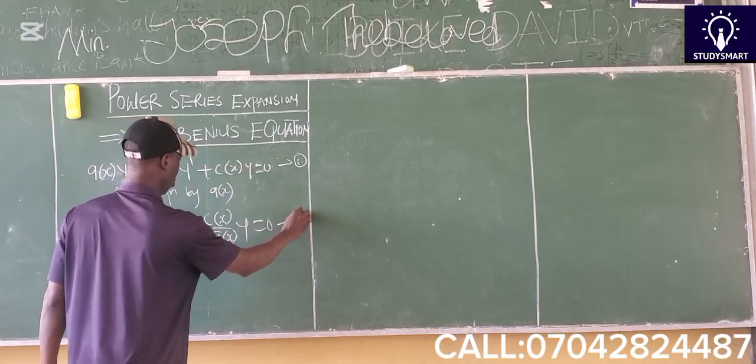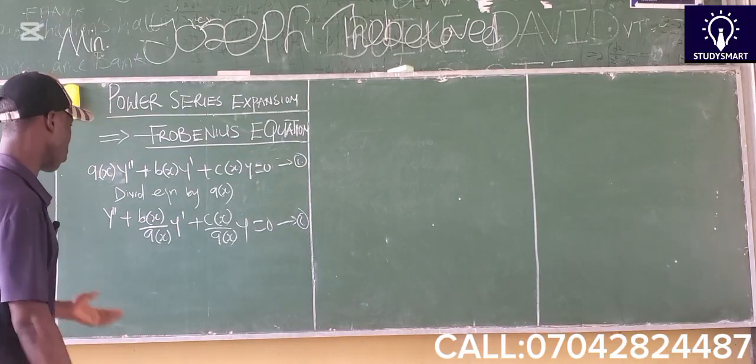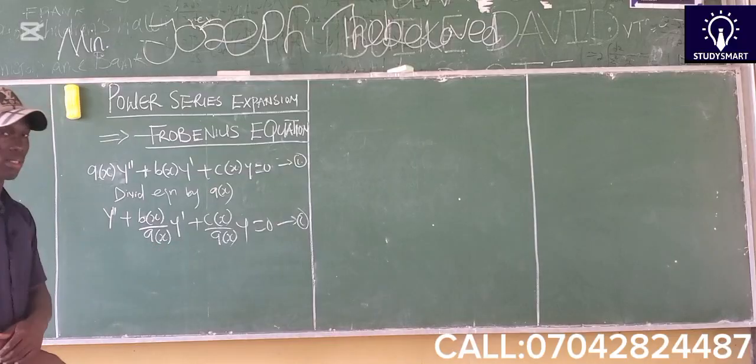So we can call this equation 2. This is another form of expressing the Frobenius equation.